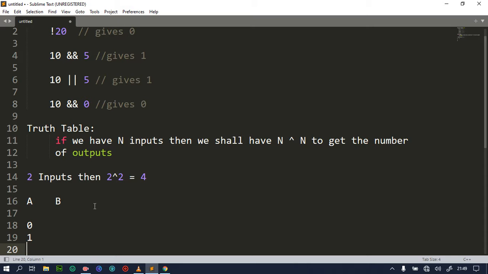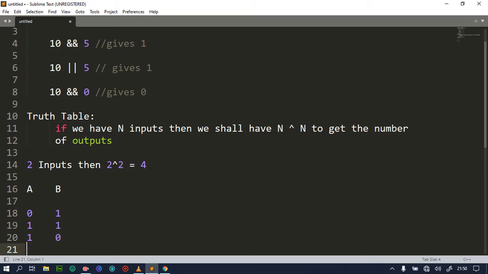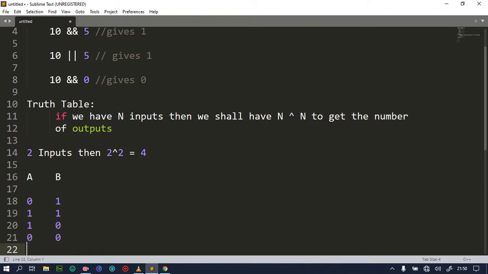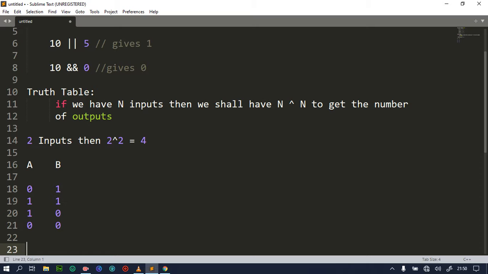Then there is a possibility that if a is 0, then b can be 1. There is a possibility that if A is 1, then B can also be 1. There is a possibility that A can be 1 and B can be 0. There is a possibility that A can be 0 and at the same time B can also be 0. I think they are exhausted.